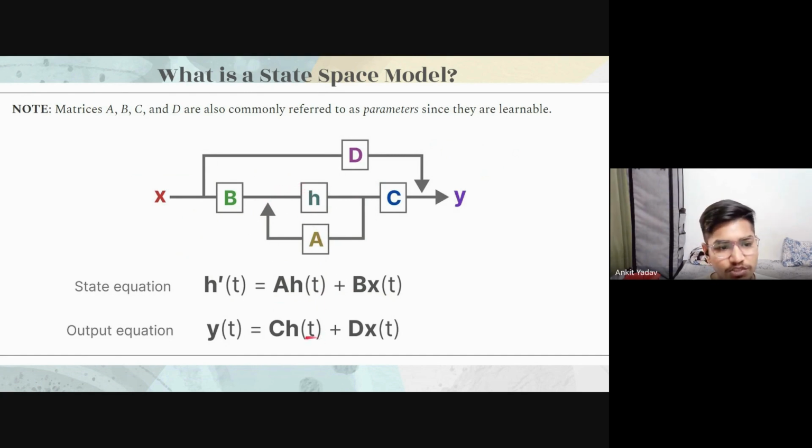With the help of the new h, I multiply with C, come here, and there's xt multiplied with D. We already know what this connection is: it's a skip connection, or in transformer language, a residual connection. So with the updated ht and a C matrix, with some inference from Dxt at a point where required, I get my output yt.